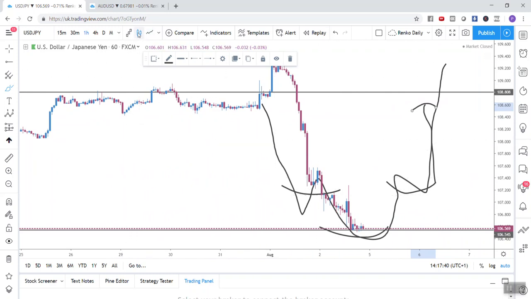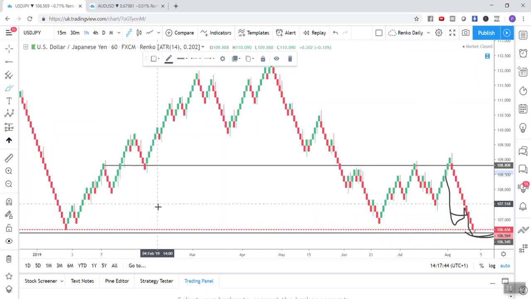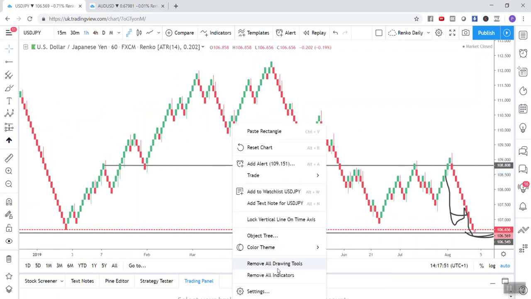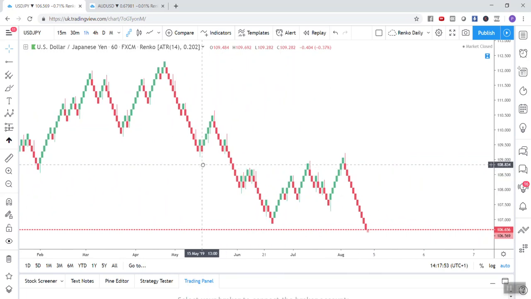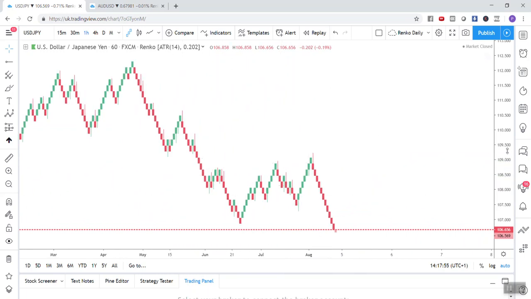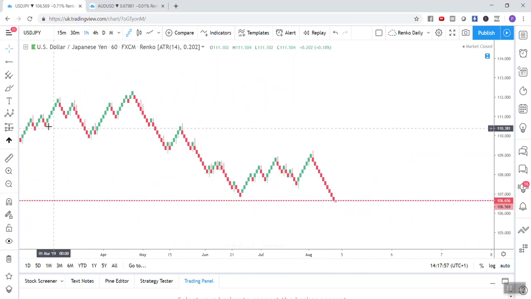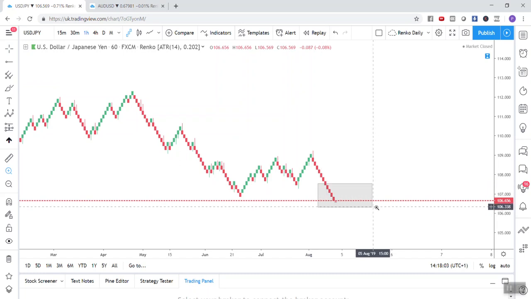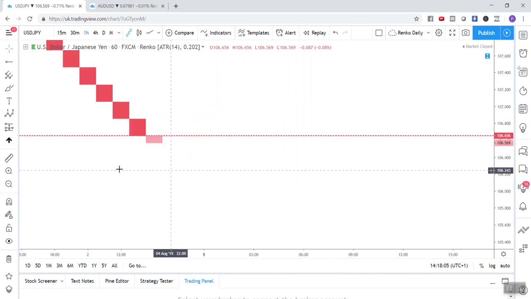If we use something like Renko, let me zoom in just to make it a bit clearer.